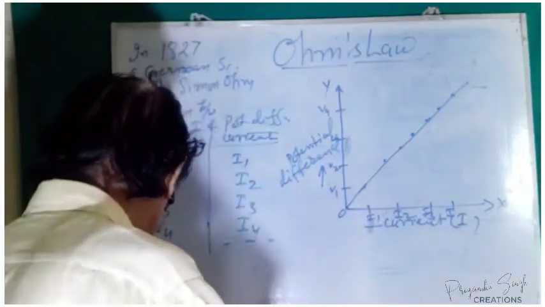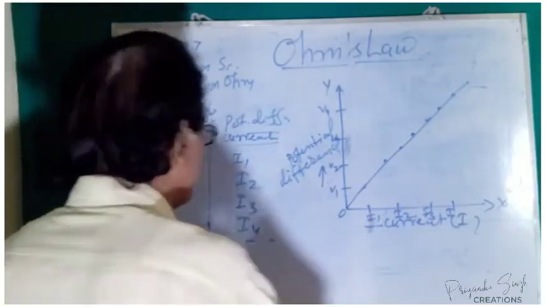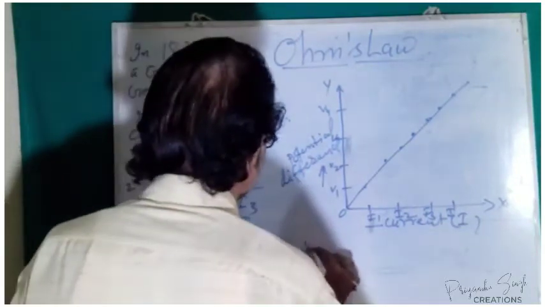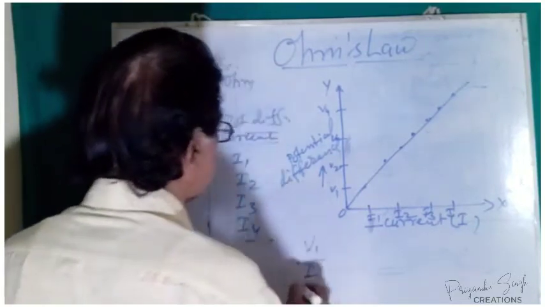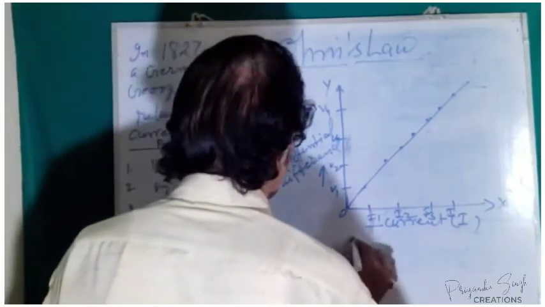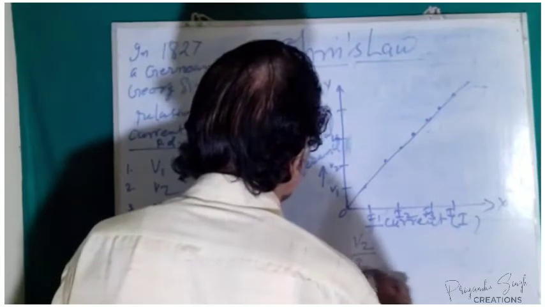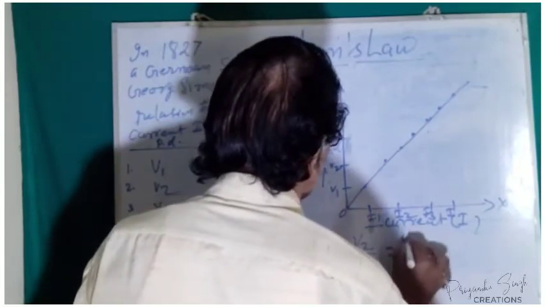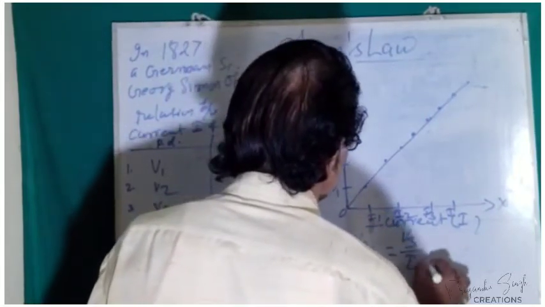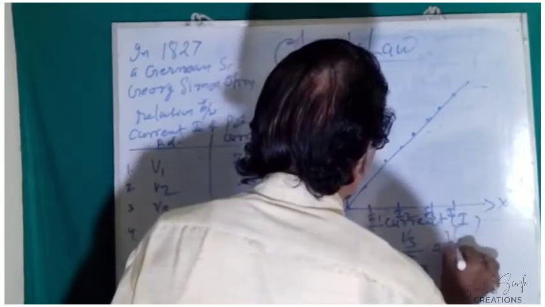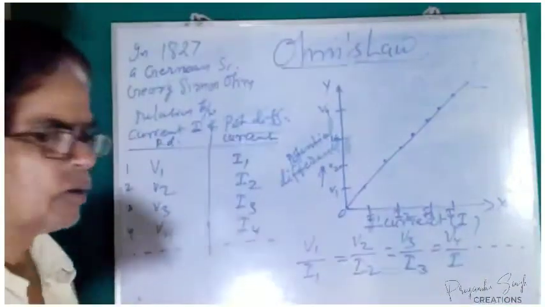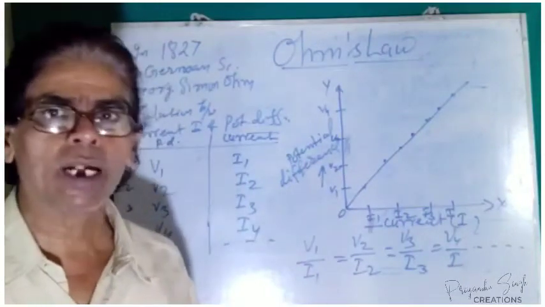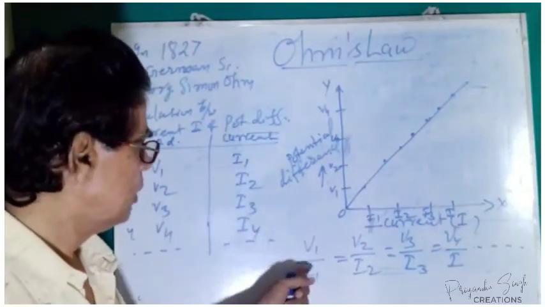When he observed the ratio of V1 to I1, he found that V1 by I1 equals V2 by I2 equals V3 by I3 equals V4 by I4, and so on. So the ratio of potential difference to the current strength is constant.